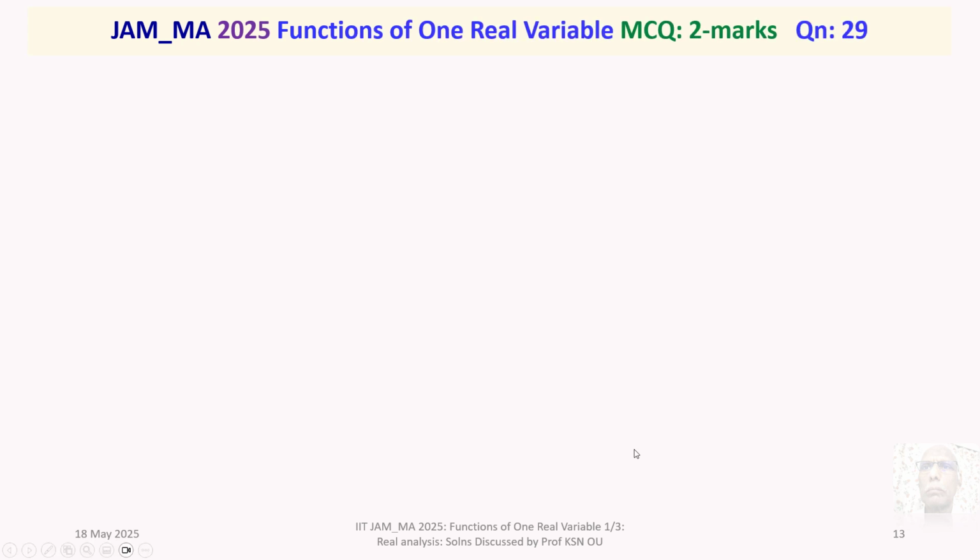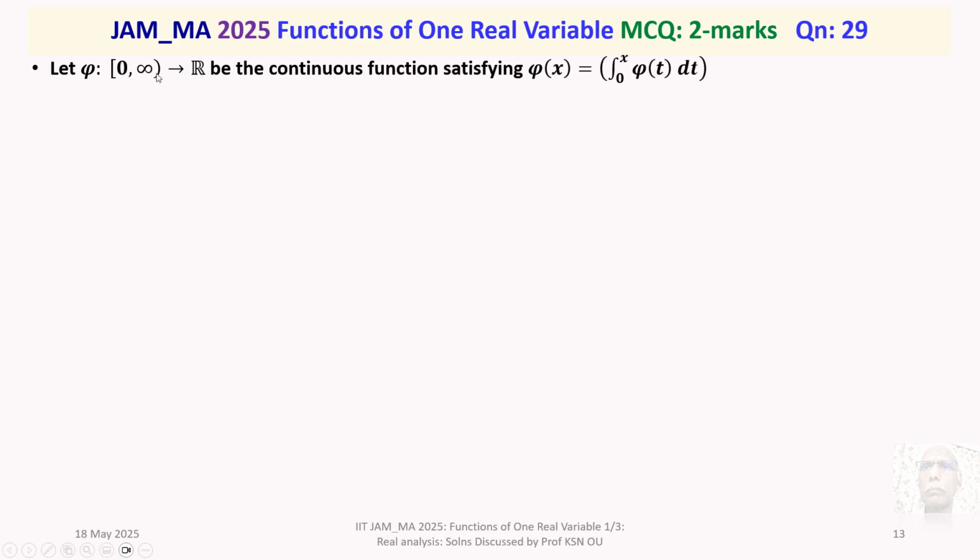Right. This is question number 29 for 2 marks. It's a multiple choice question. Let phi be a map from the semi-closed interval 0 to infinity to R, a continuous function satisfying phi of x is equal to integral 0 to x phi of t dt plus sin x for all x belongs to the semi-closed interval 0 to infinity.